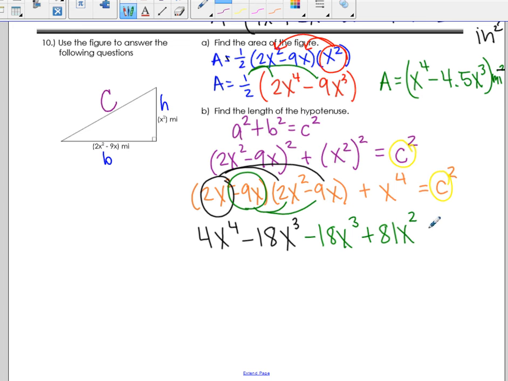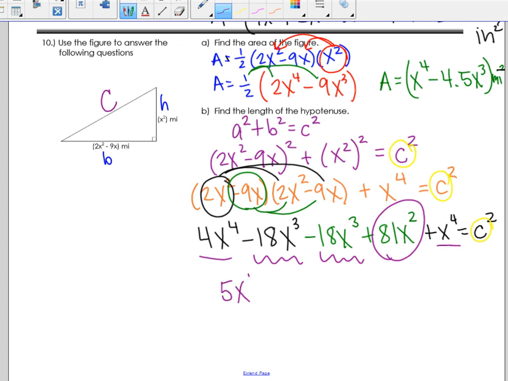And then we still have the plus x to the 4th from before equals c squared, and we are trying to solve for c. So let's combine like terms here. We have an x to the 4th and an x to the 4th, an x to the 3rd and an x to the 3rd, and then our x squared. So we're going to end up with 5x to the 4th minus 36x to the 3rd plus 81x squared, and that's c squared.